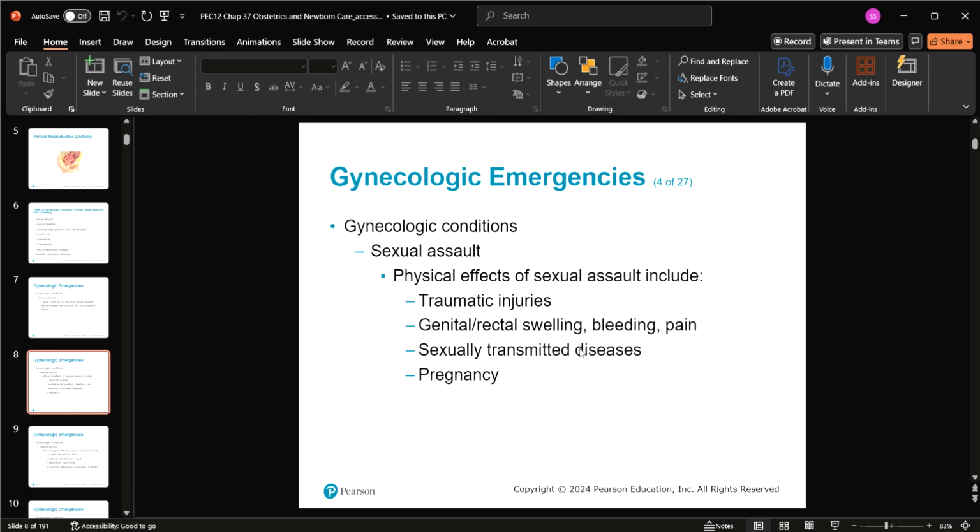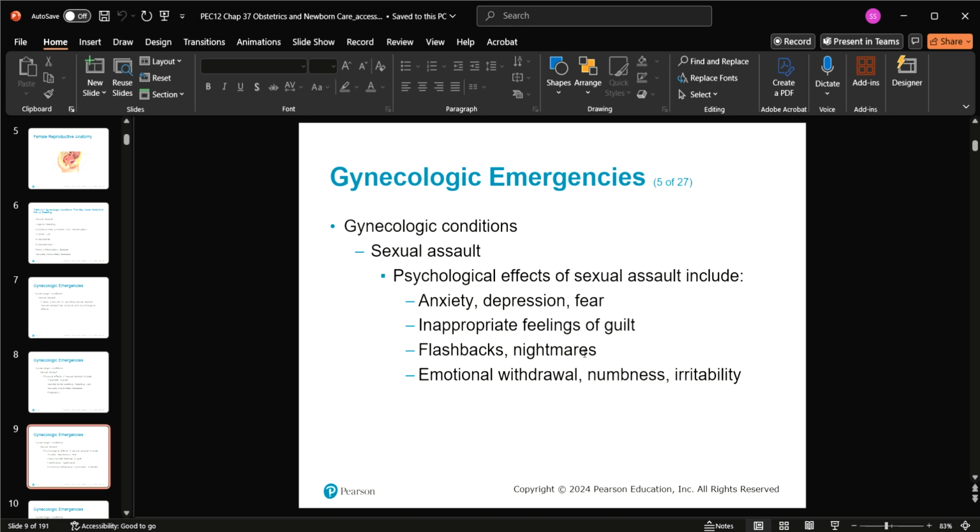It's not a consensual act. You have bleeding and pain. STDs are a possibility if the perpetrator is a carrier. And that person, if they're male, could impregnate the victim. There's always the possibility of a female perpetrator, female on male, female on female, or male on male. All these possibilities exist.